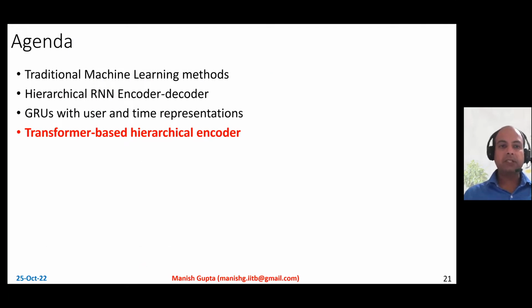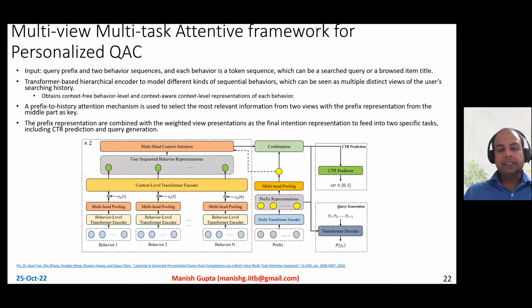Next, let's talk about the transformer-based hierarchical encoder model. Recently, since 2018, transformer models have become very popular for natural language generation across many tasks, including question answering, summarization, question generation, machine translation, and so on. In QAC, query auto completion, especially personalized query auto completion, people have also started leveraging transformer models to generate effective completions.